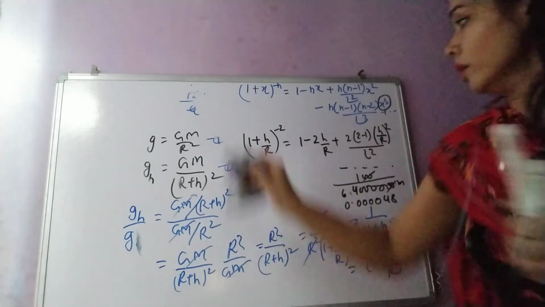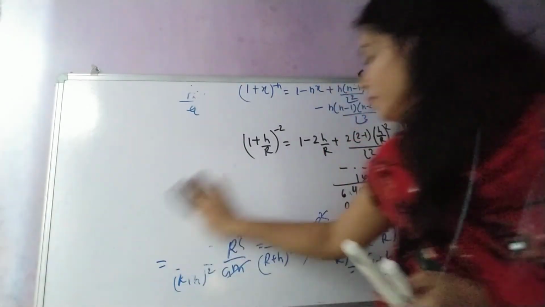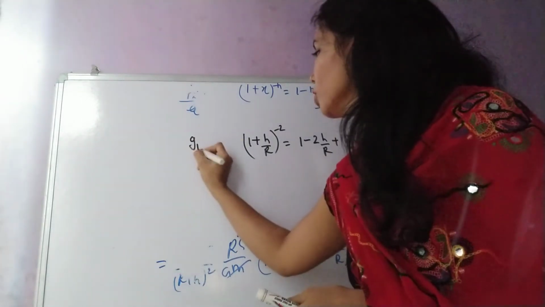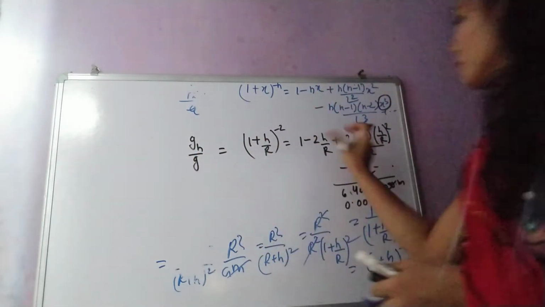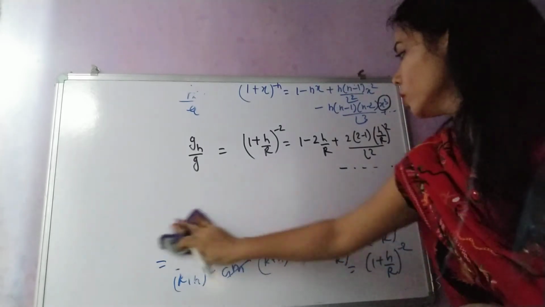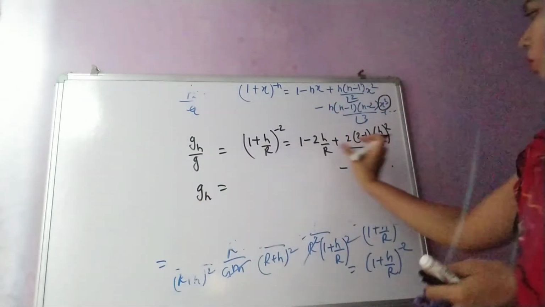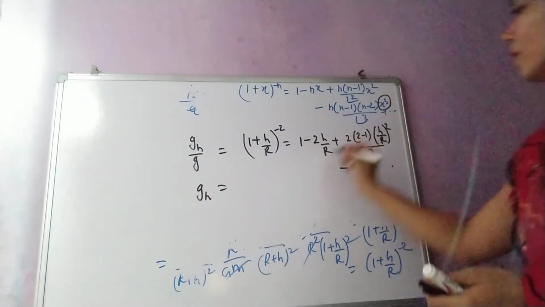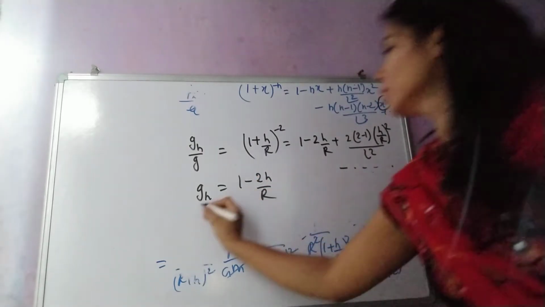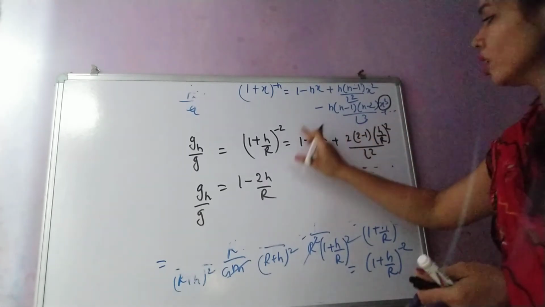So I am writing here after this one. So g equals to how much you got? gh upon g equals to, you got this expression. Now what you will do? So gh equals to what? Since we are neglecting all these terms, we will write here 1 minus 2h upon r. gh upon g equals to this, because we are neglecting the other terms and taking only this term.